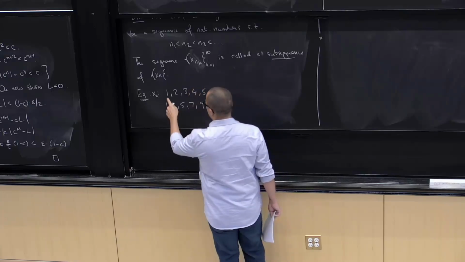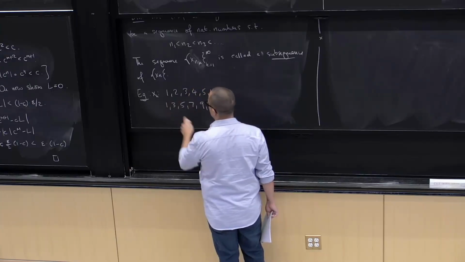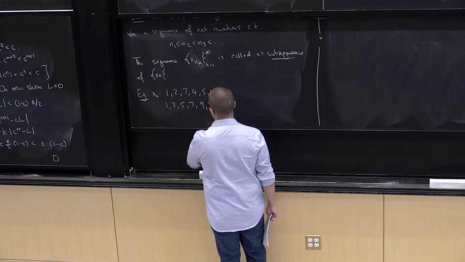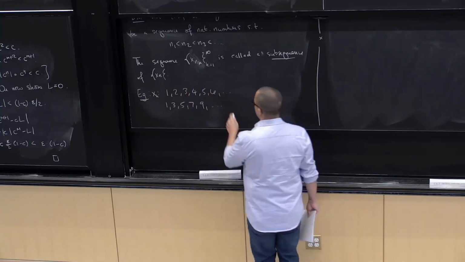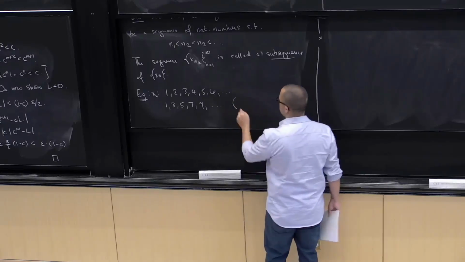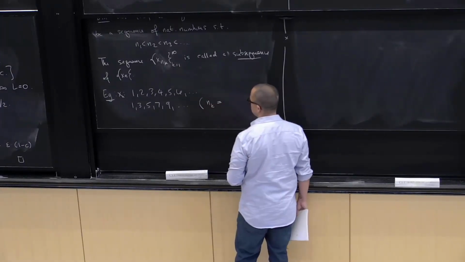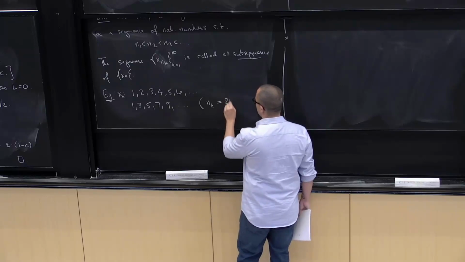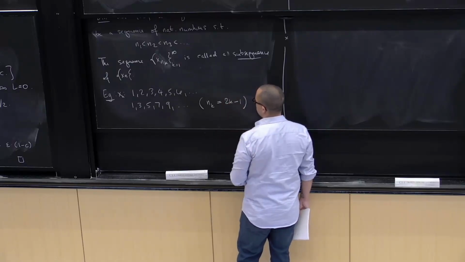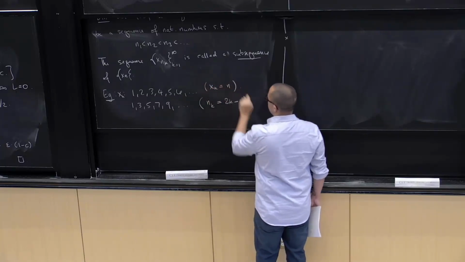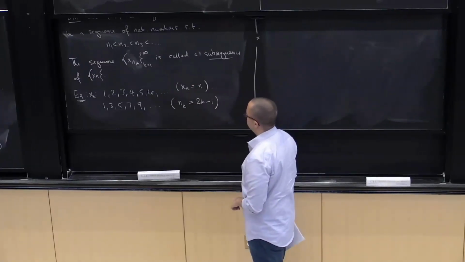I'm just picking entries from the original sequence, but every time I pick an entry, I move to the right and pick a new one. So I picked 1, now I get to choose anything to the right of that. I picked 3, now I can choose anything to the right of that. So in the language of this definition, the increasing sequence of integers is just the odd integers, so 2k minus 1. So here, x sub n is equal to just n. Okay?